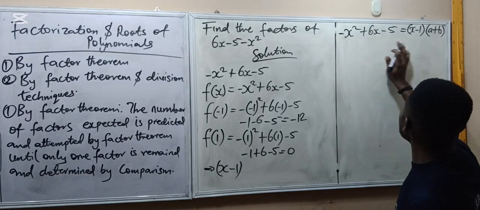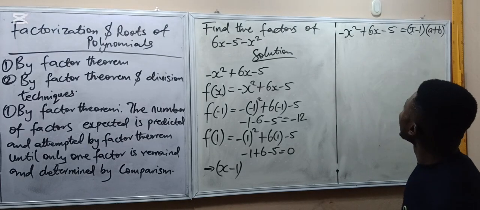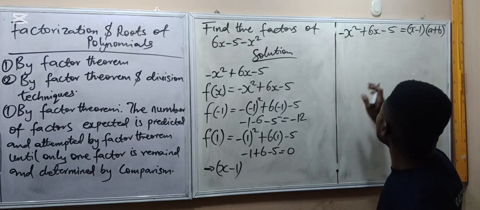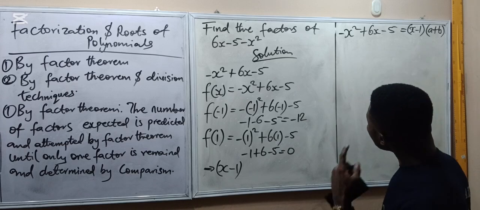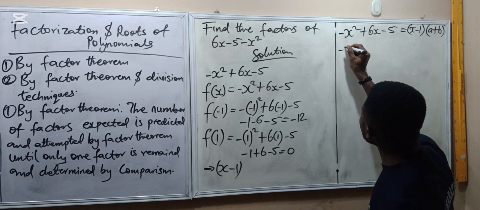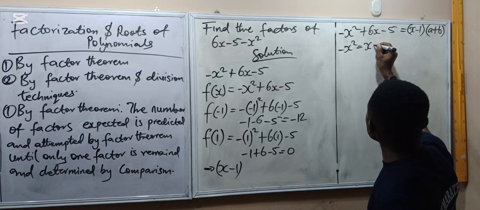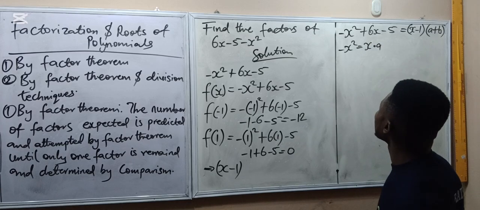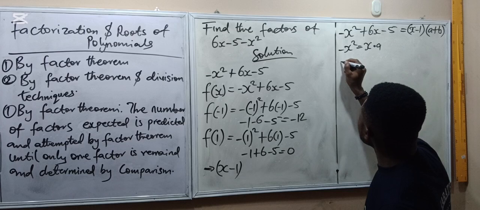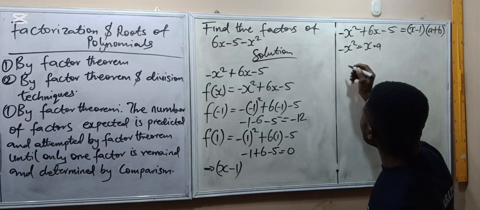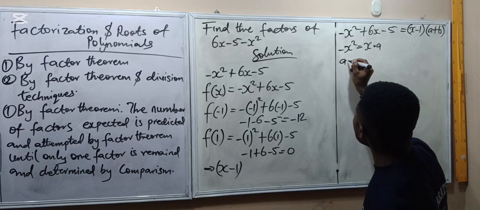Now we compare the first term of the polynomials. We have minus x squared is equal to x multiplied by a.